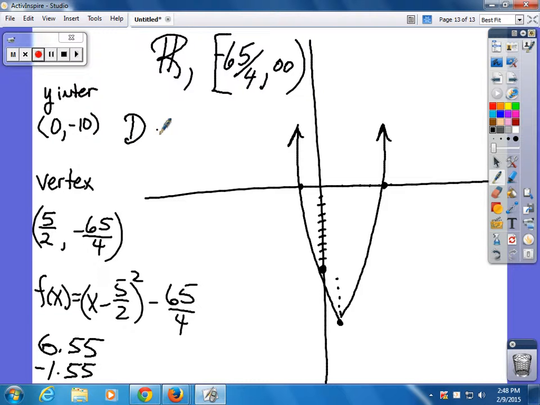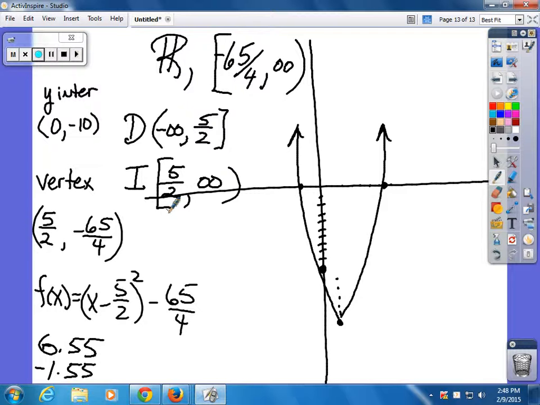Decreasing from negative infinity to 5 halves, and increasing from 5 halves to what? Positive infinity. Now that's what we did last week.